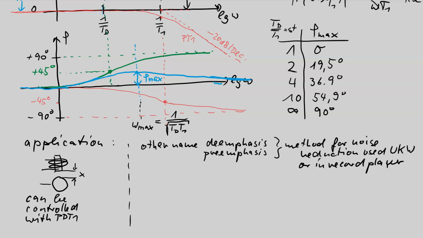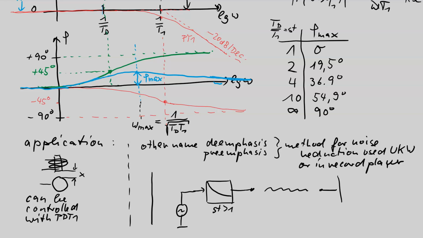The idea is very simple. I just want to show you this idea very quickly, because this is not so important for control systems, but I think it's a good link to other knowledge. If I have a signal generator, audio signal for example, then I send this through a PDT1 with step larger than one, with the sender and the receiver.